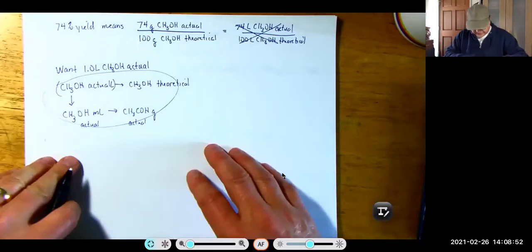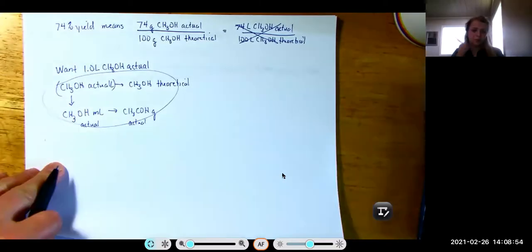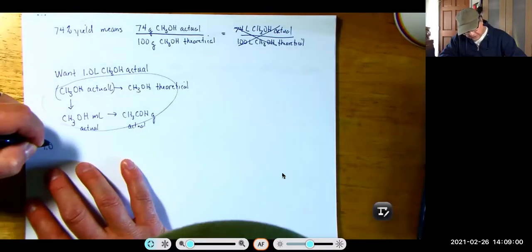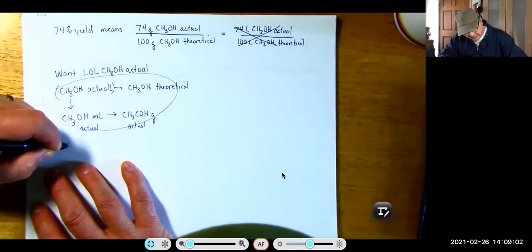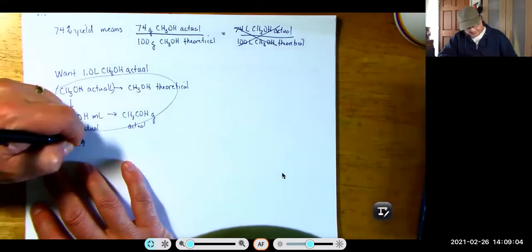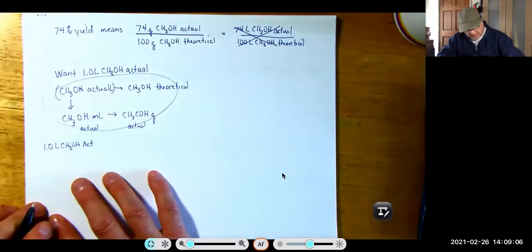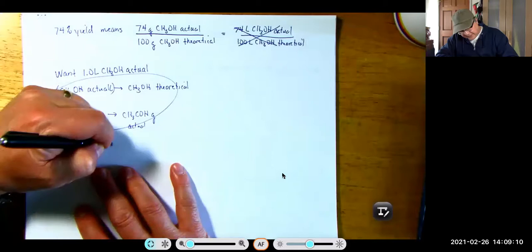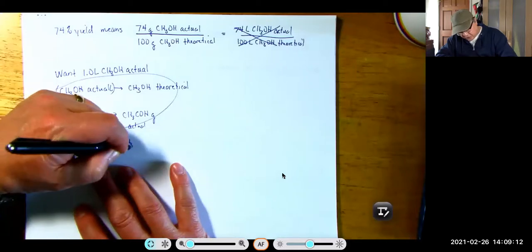We want to get 1 liter. Is that right? Okay, so I'm going to start off with 1.0 liters of methanol actual. I'm going to convert that into milliliters of CH3OH actual.